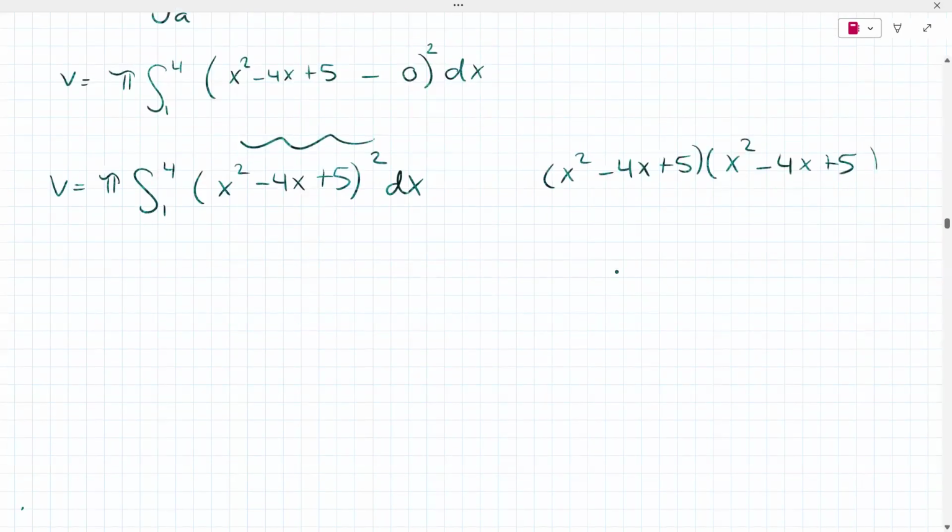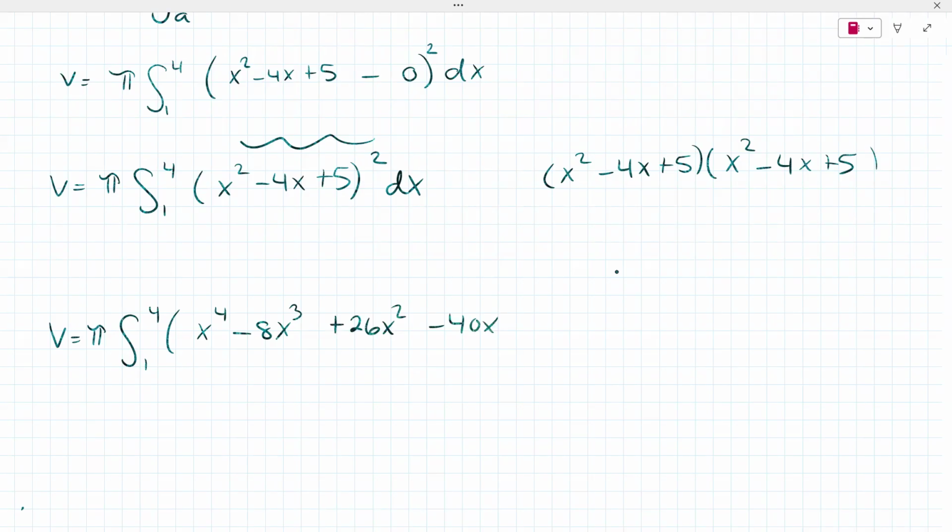When I FOIL this out, the volume is pi, integral from 1 to 4, and when you do the work you should get x to the 4th minus 8x cubed plus 26x squared minus 40x plus 25 dx.